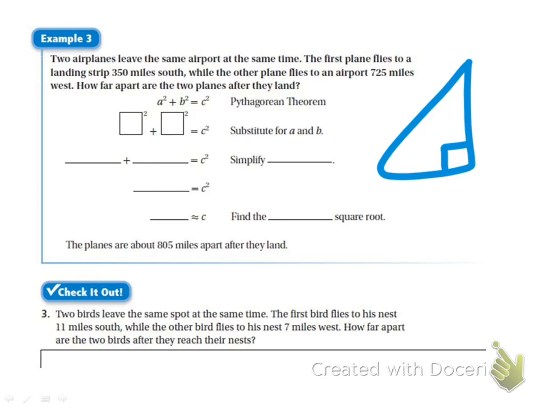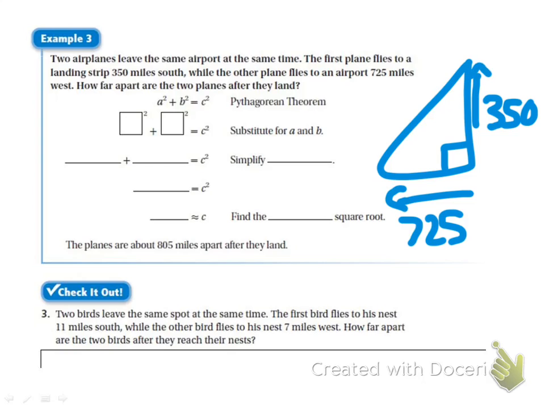This one flies west 725, and the other one is flying south, and they left from the same point. Now I want to know how far apart they are, so that would be c.